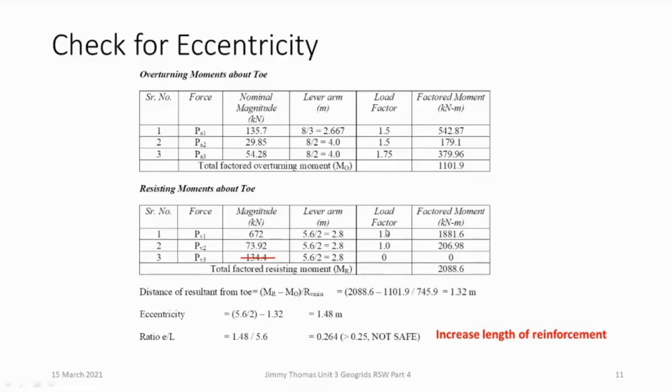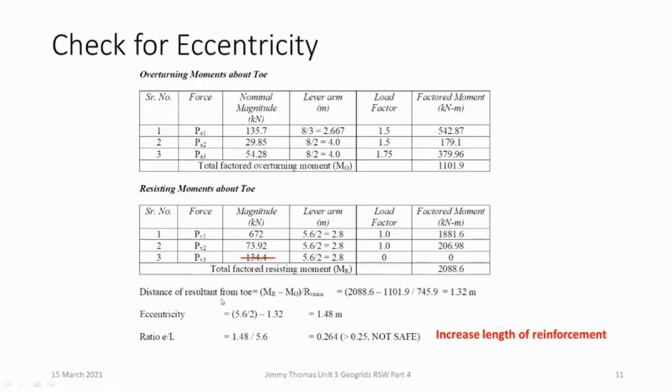When the vertical force is minimum, this is the most critical condition. So we get the factored moment. This is for the dead load surcharge, and we get this value. The live load we ignore, or the load factor will be 0, because the live load may or may not be there. Assuming the worst condition, we assume the live load is not there. So we get the resisting moment.